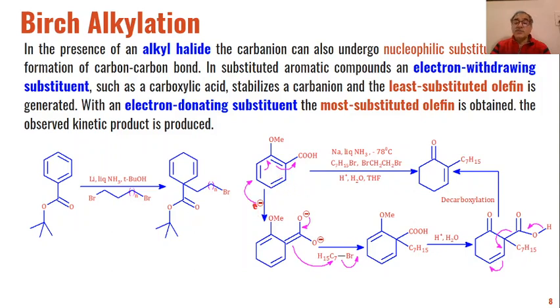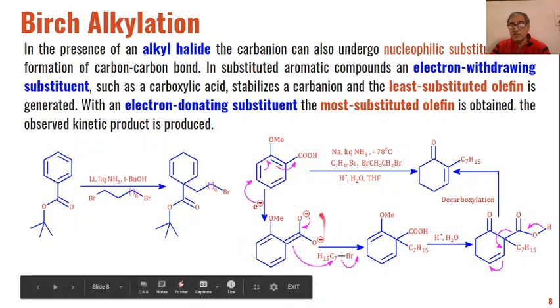As we know, in the first step, in case of electron releasing groups, we will get the attack of the electron at the meta position, and we will get this type of carbanion formed, and this intermediate can act as a nucleophile, and this will undergo nucleophilic substitution.